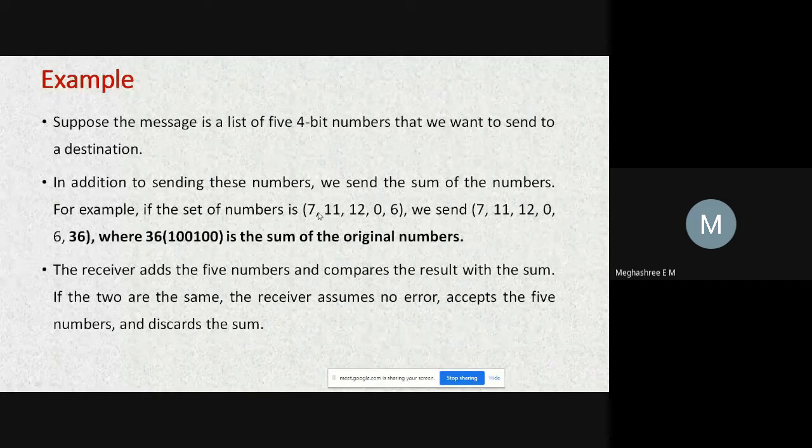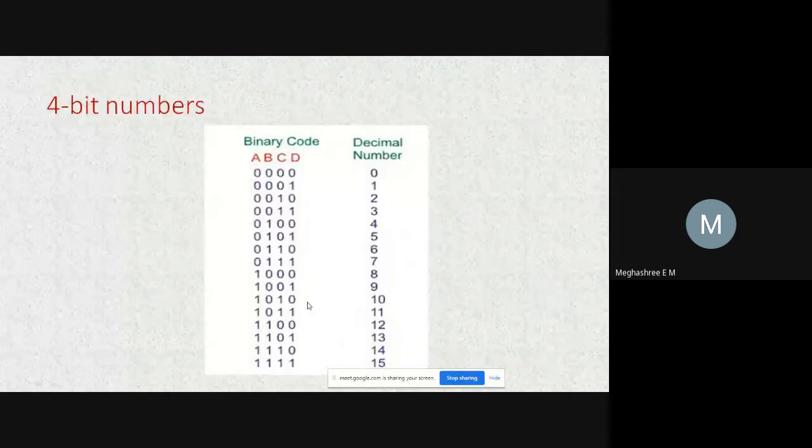Here you can see 7, 11, 12 and 0 as well as 6. All these numbers can be represented with the help of 4 bits. You all know how to write a binary number for a decimal number, right? I'll just show you the table here.